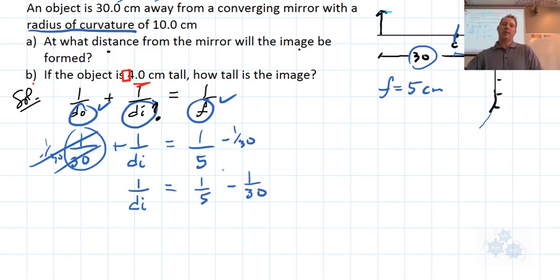Remember, you can't do that. The math here says that we have to have a common denominator. So I'm actually going to multiply the top and the bottom here by 6 so I can get a 30. You see that? Okay, common denominator is very important. So 1 over 5 actually is changed to now 6 over 30. Does that make sense? Minus 1 over 30.